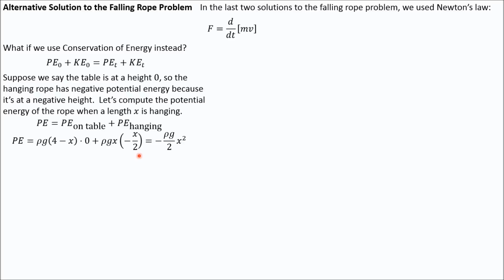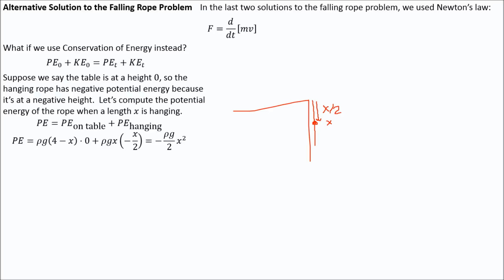The way you can think about that is, here's your table, and you have rope hanging off the table a distance x, and the center of mass of the rope is at a distance of x over 2. I'm using a mouse pad here, so please excuse me.